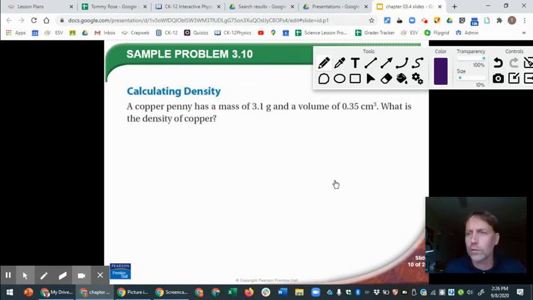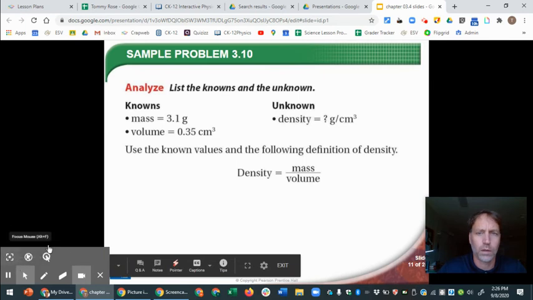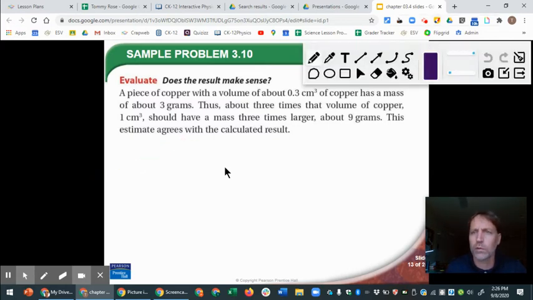Hopefully that is helpful for you. Rather simple problem to do. Okay, so we'll keep going and do another one. Now we're going to go the other direction. A piece of copper has a volume of 0.3 centimeters cubed and a mass of 3 grams.